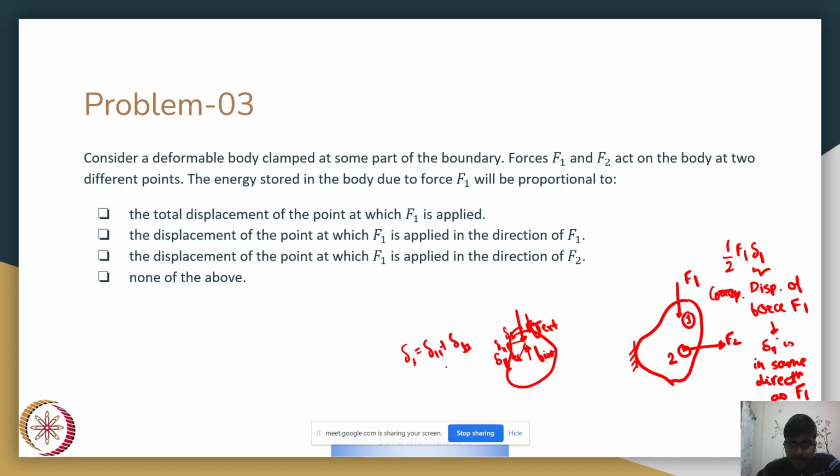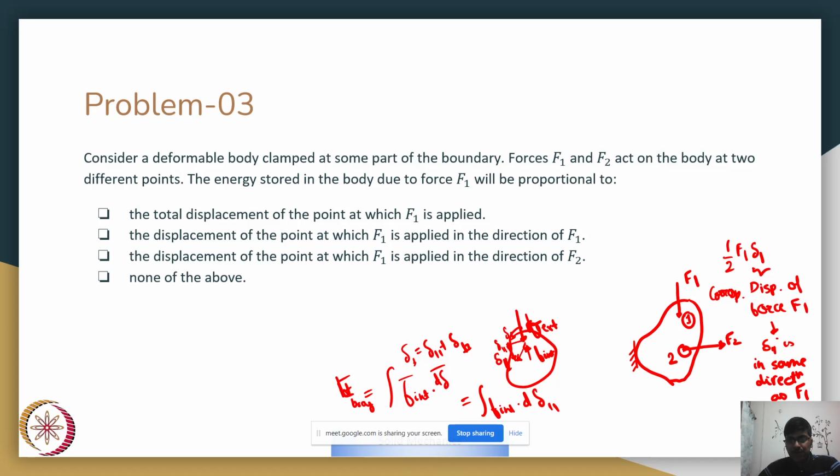And if you look at the work done by the body, it would be the integral of F internal dot d delta, which is the energy stored in the body, which is nothing but F internal into d of delta parallel, since we are taking the dot product.